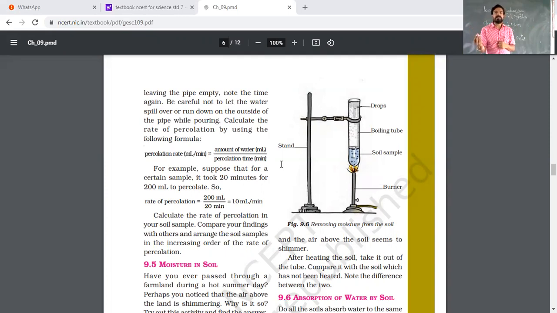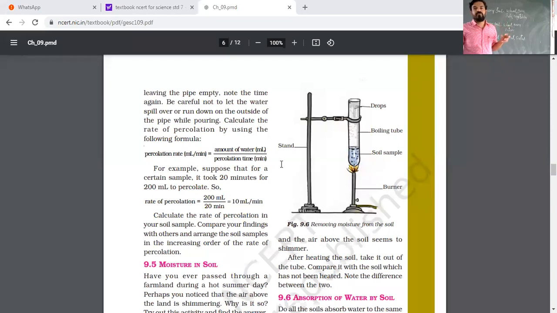Take the soil and put it in the test tube. As shown in the figure, arrange all the instruments and heat it with the burner. Allow the soil to boil, or give a sufficient amount of heat to the soil which you have put inside the dish.